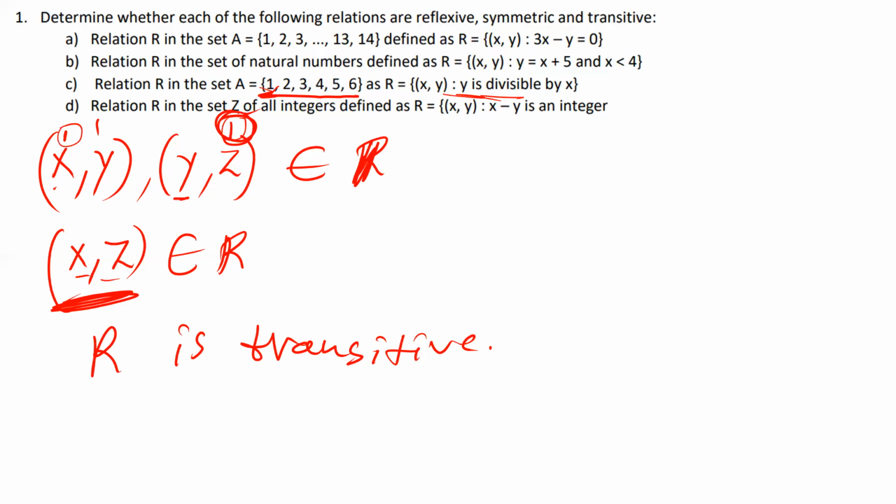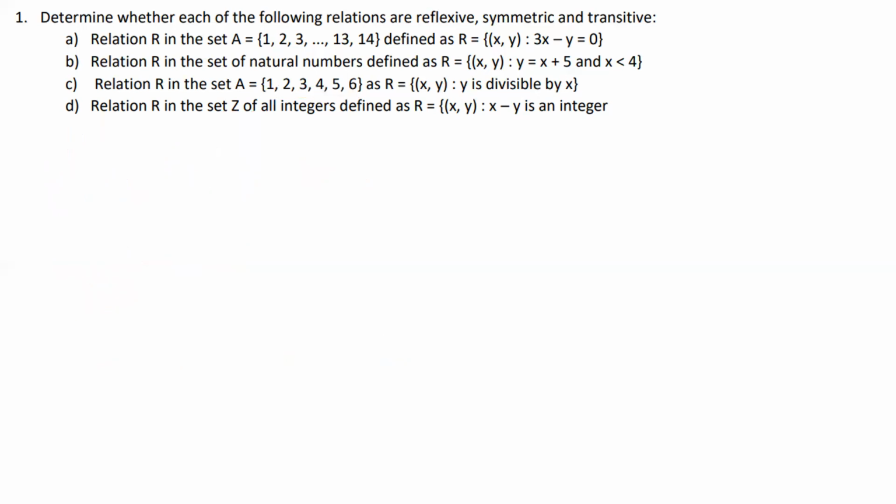Okay, so let's do the last part of this question. The relation R is a set of integers defined by (x, y), which is x minus y.